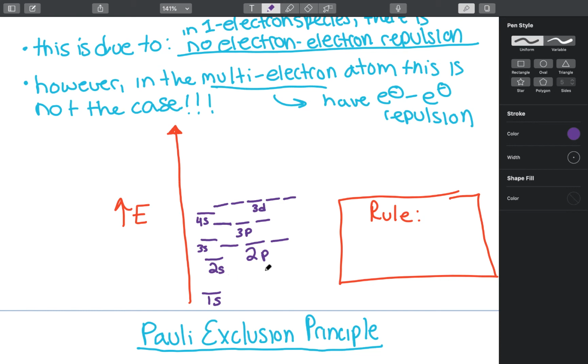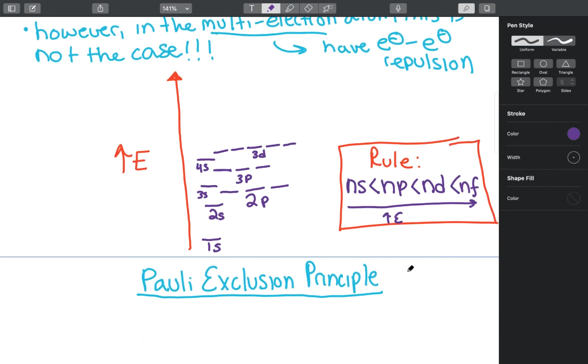But for right now, you must know this general rule. And this general rule is that energy increases as our angular quantum number increases. So the energy of ns is less than np, and np is less than nd, and nd is less than nf. So as we go from ns to nf, the energy increases. So that is the general rule that you must know for right now.